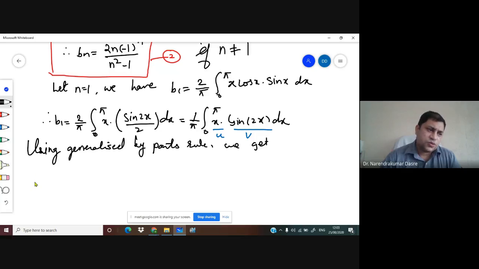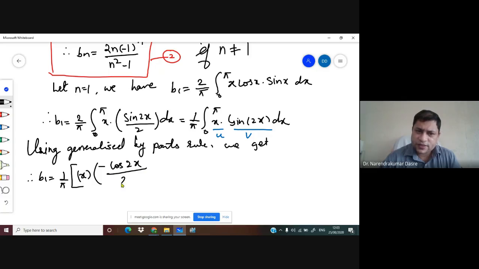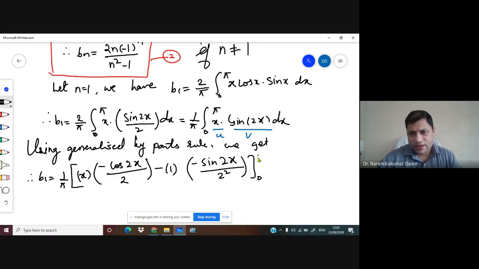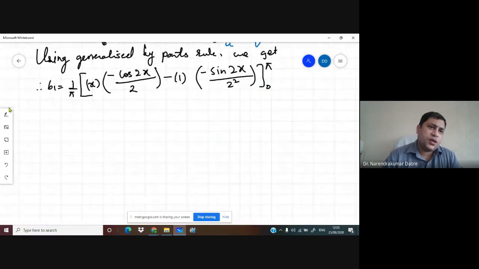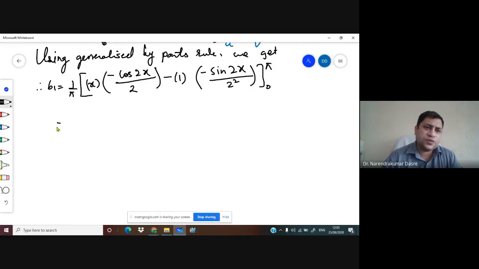we get, so what we are able to get here, see, this b1 is equal to 1 upon pi. This x remains as it is, minus cos of 2x by 2, minus the derivative of x, which is 1, this is minus sine of 2x by 2 square, and we have 0 to pi. Now let us apply these values.